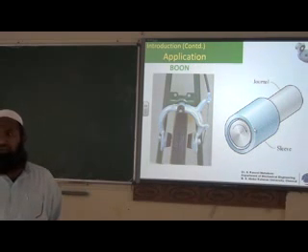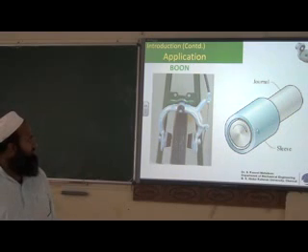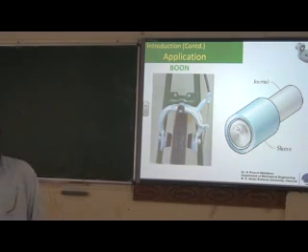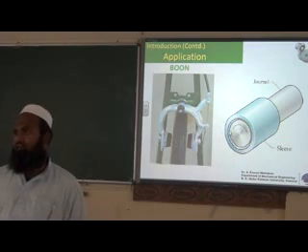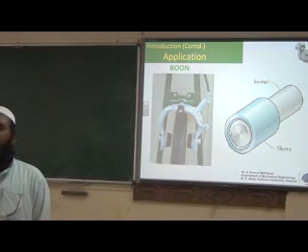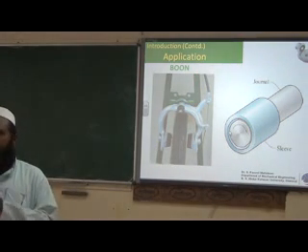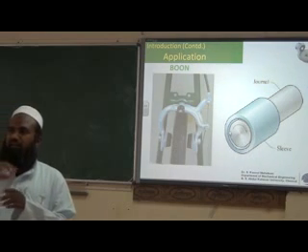Shaft in a bearing. Okay, this we call journal bearing. There is a small gap existing between the shaft and the bearing surface. The small gap will be filled by a thin film of lubricating oil. So this kind of lubrication we call hydrodynamic lubrication. As the shaft rotates, there is a gap.